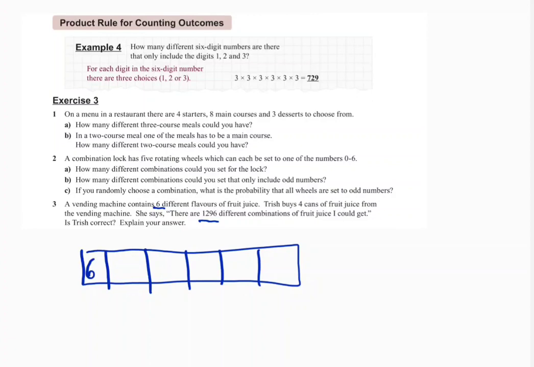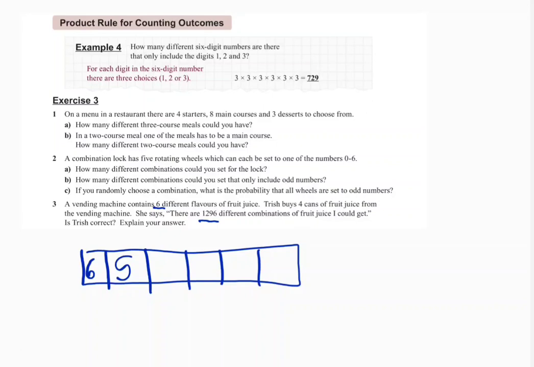So there are 6 different flavors available. Now she's done her first attempt, and it's her second attempt. In her second attempt, there should be 5 possible flavors, because she's already got one of them at her first attempt. So this means that in her second attempt, at maximum there are 5 possible flavors.